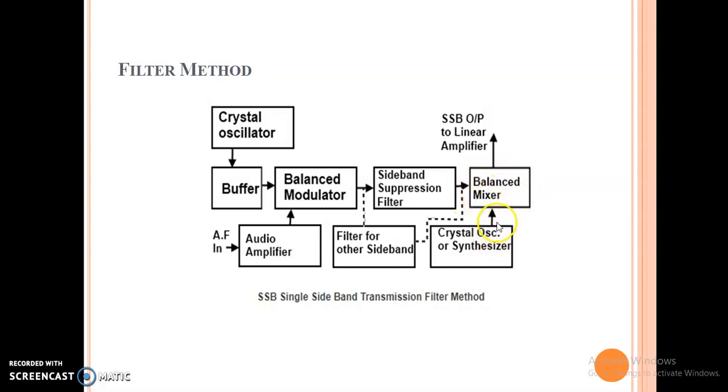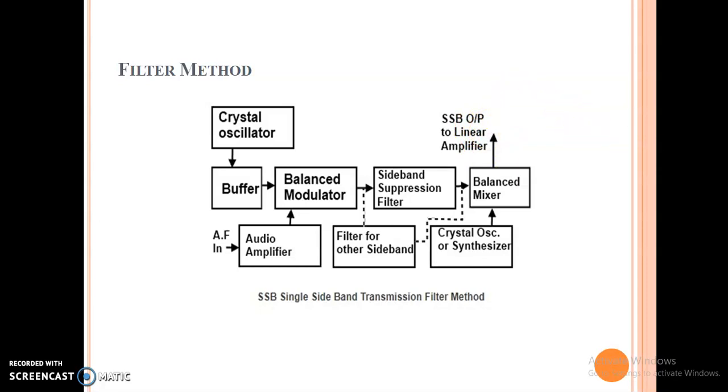Another input to the balanced mixer is the crystal oscillator, which is used to generate the second frequency, and balanced mixer is basically used to raise the frequency of this signal. Then it goes to the linear amplifier like class A, class B amplifier, then to the transmitter side.